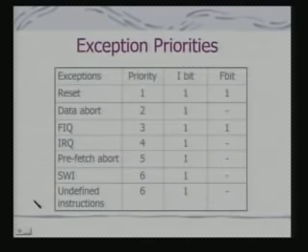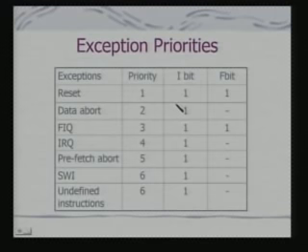Now, these exceptions have priorities associated with them. I have listed here the exceptions and their priorities, and you will find the reset exception has the maximum priority. What do these two columns indicate? They indicate the value of the I bit and that of the F bit, which are bits in the status register when such an exception occurs.